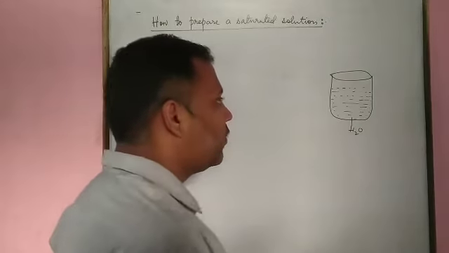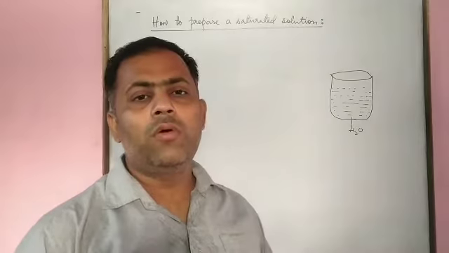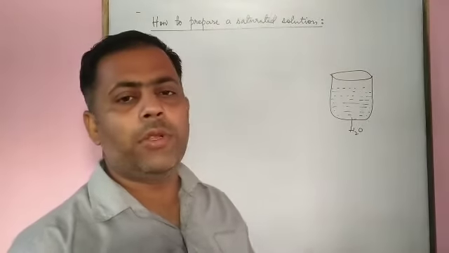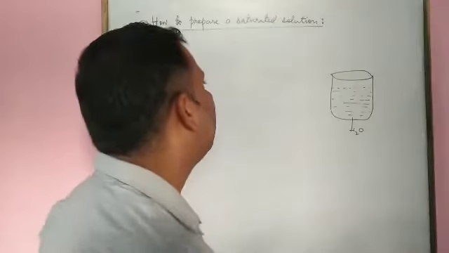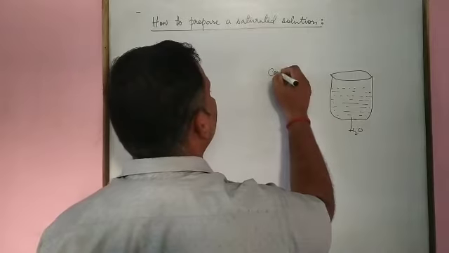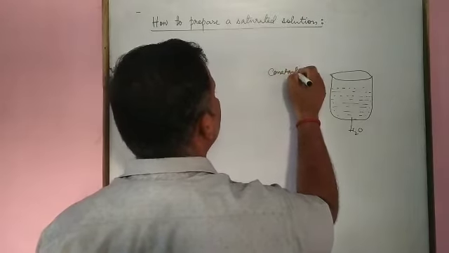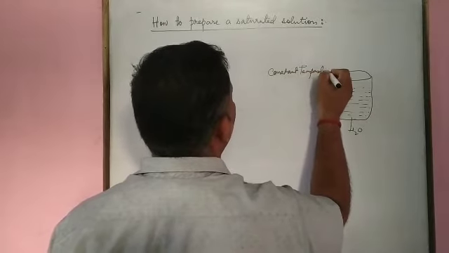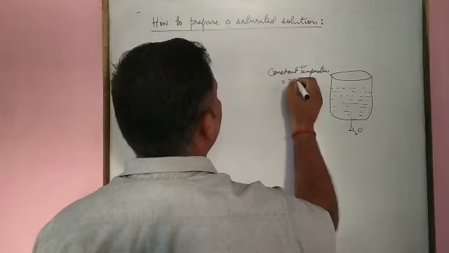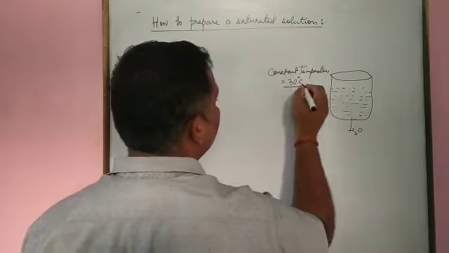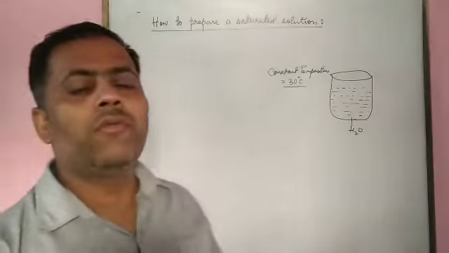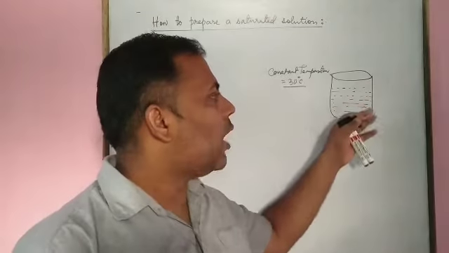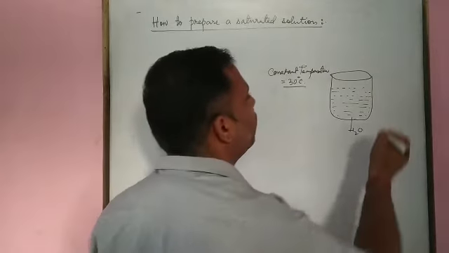On filling it with water, we maintain the temperature constant, let's say 30 degrees centigrade. Now what do we do? We start dissolving sodium chloride into it.